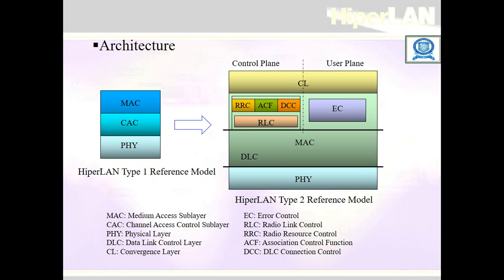In the HIPERLAN 2 reference model, we have the physical layer. What is the use of the physical layer?